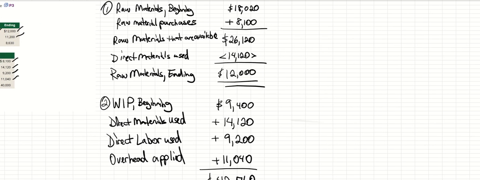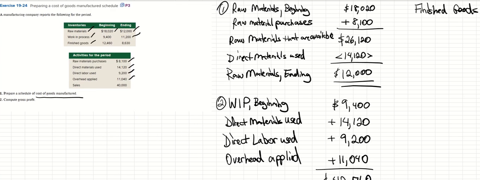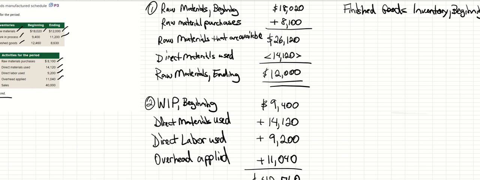So we're going to take the finished goods inventory beginning balance. And let's see, it is going to be $12,460.